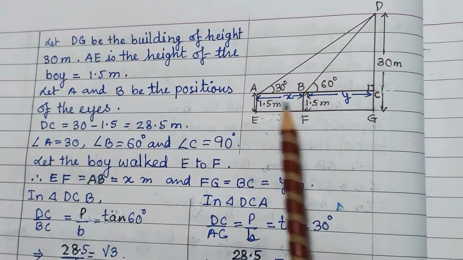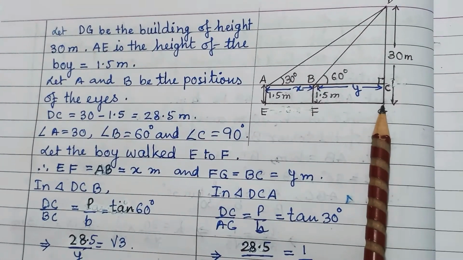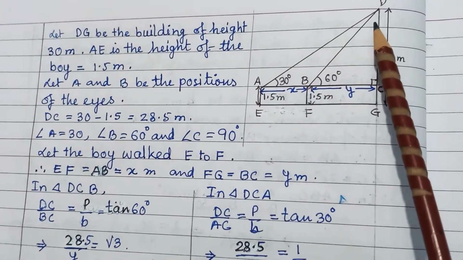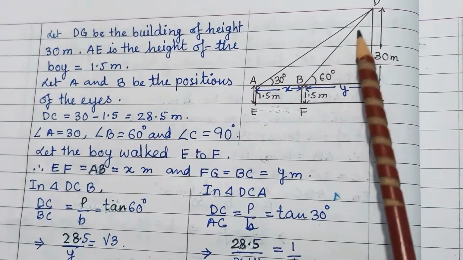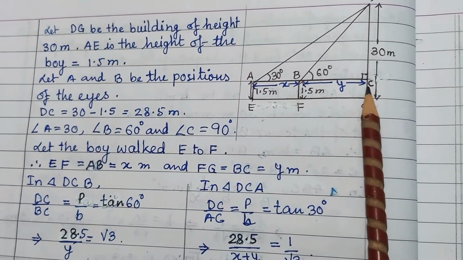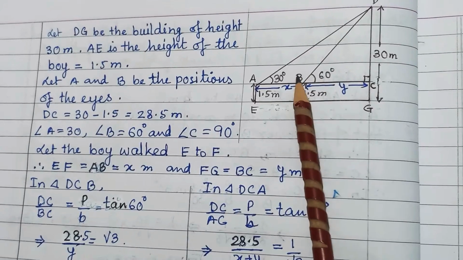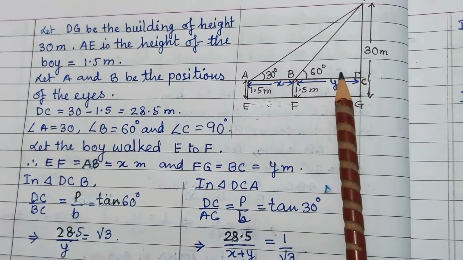These three distances are parallel and the same, 1.5. Now you have to consider a right angle triangle, and DAC is another right angle triangle. One by one, take a right angle triangle and solve.